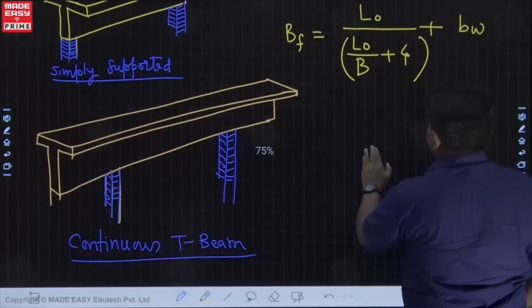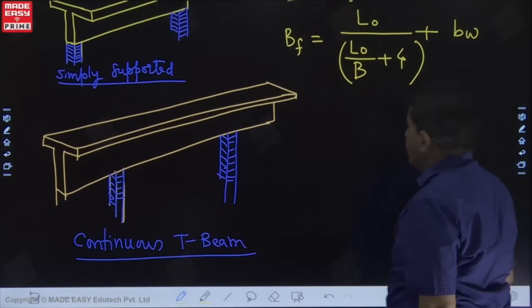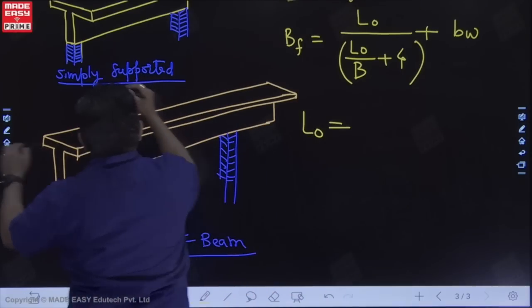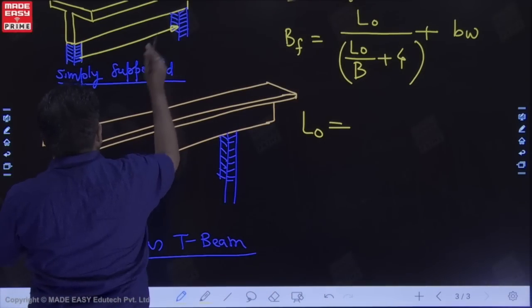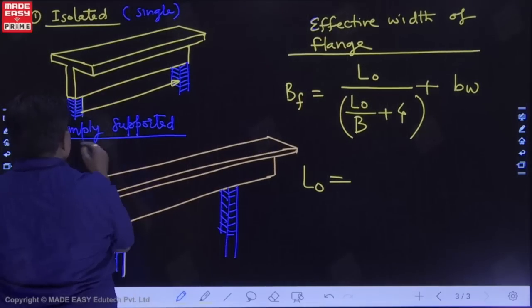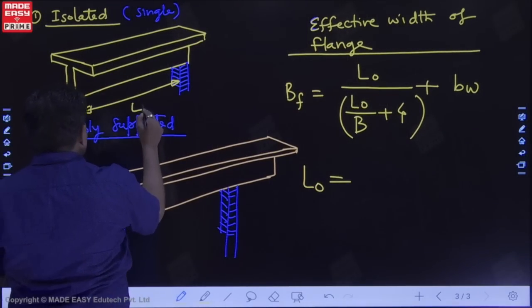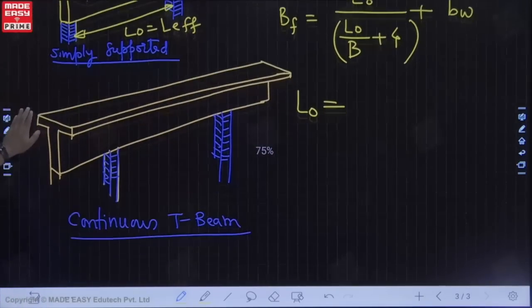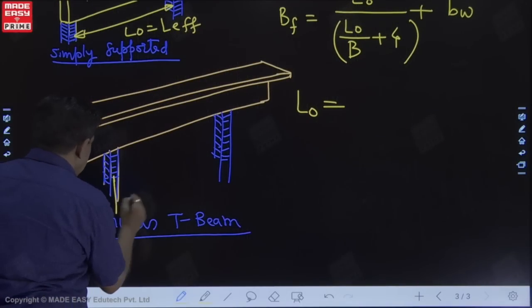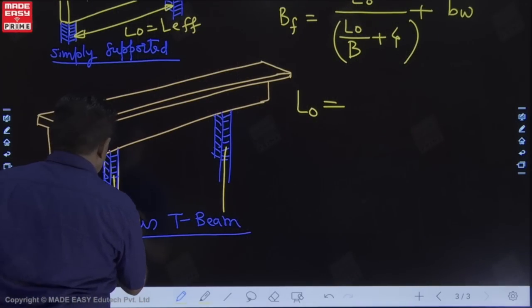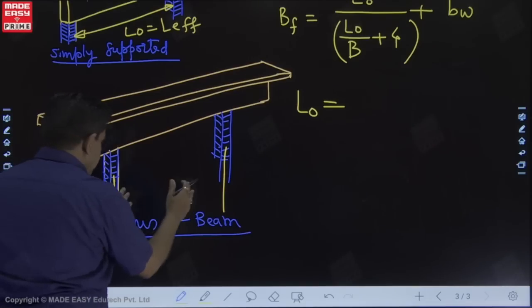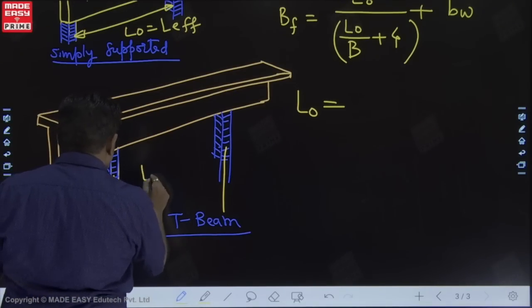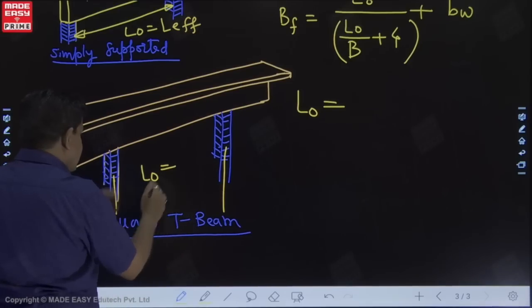Now here understand what L0 will be. In this case L0 will simply be the effective span of the T-beam. For a simply supported case, L0 is nothing but L effective. But for a continuous beam, because the bending moments are positive only in the central portion, the L0 value is a little less than L effective.